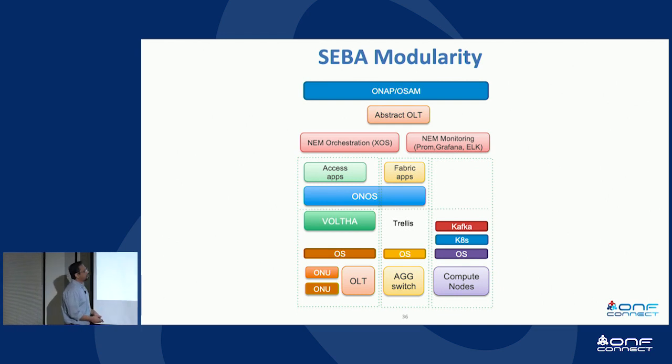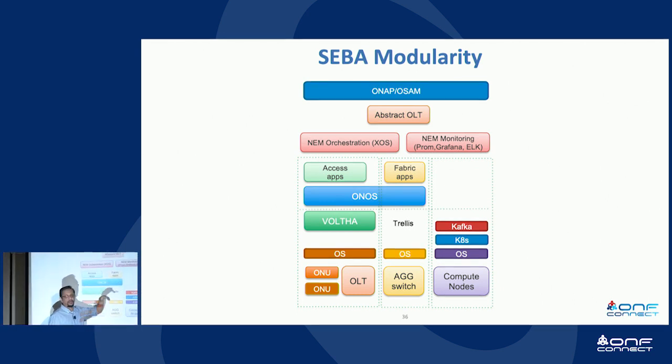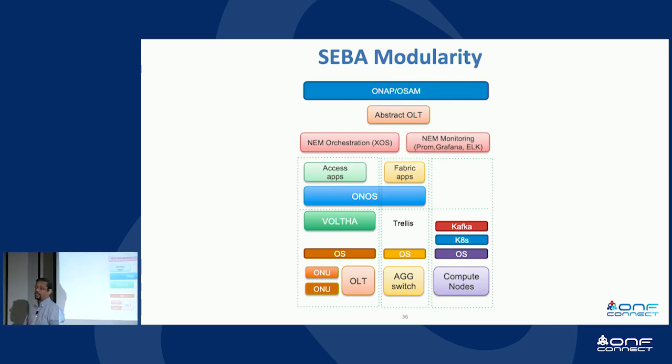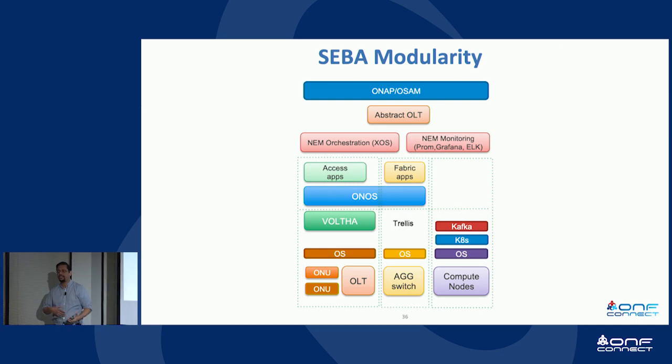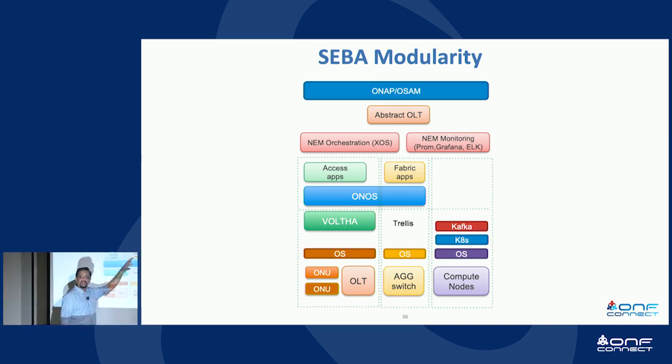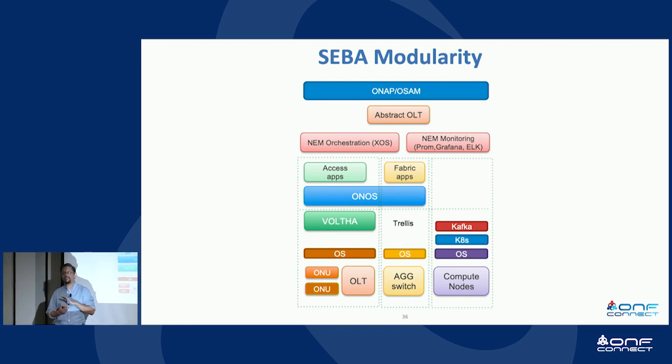But I'm drawing another box around the applications that run on top of the SDN controller. We're often asked, hey, can I substitute your choice of the SDN controller with another choice? And I say, yes, that's fine, that's possible, but you have to ensure that these applications then are also written on top of the SDN controller, because if you're familiar with SDN controllers, applications are typically not portable across controllers, right?